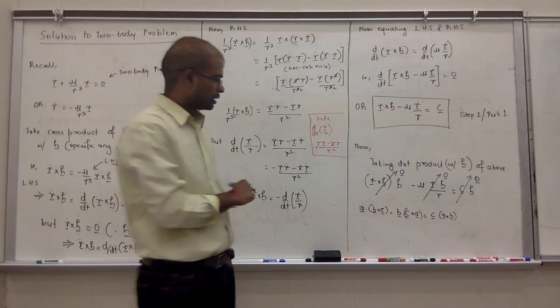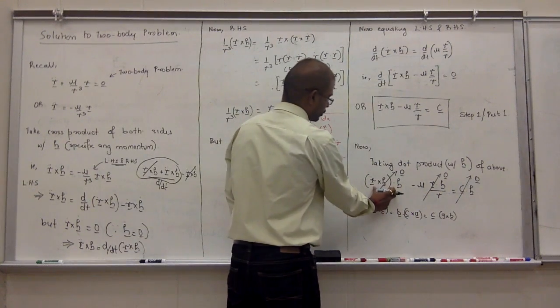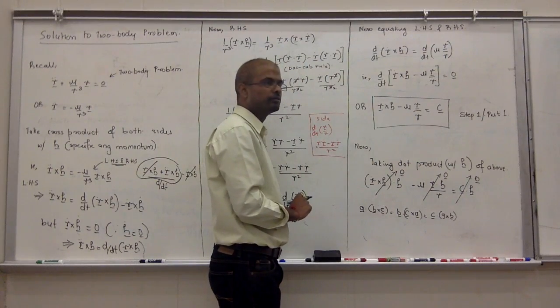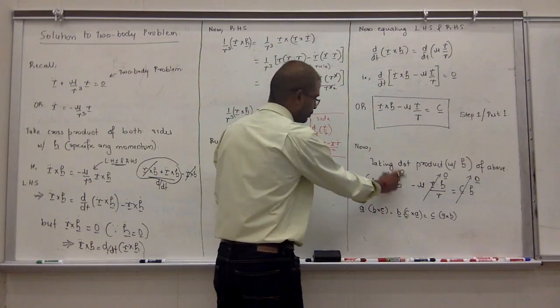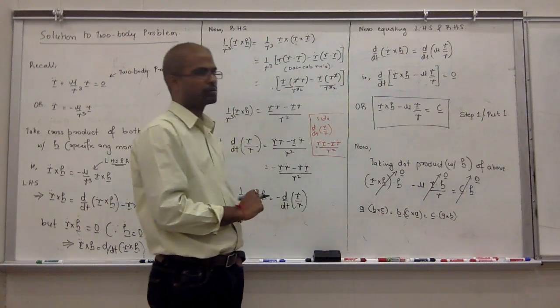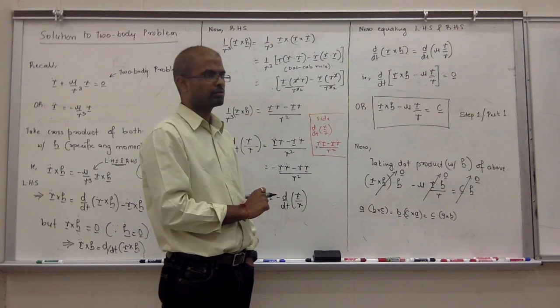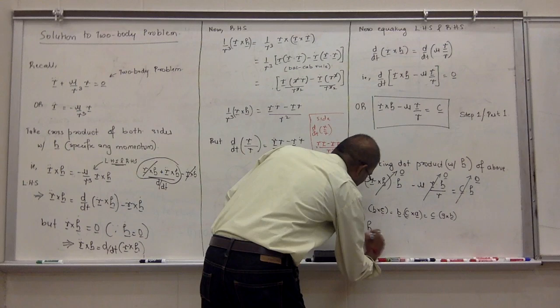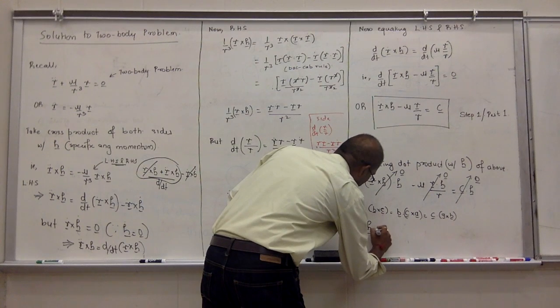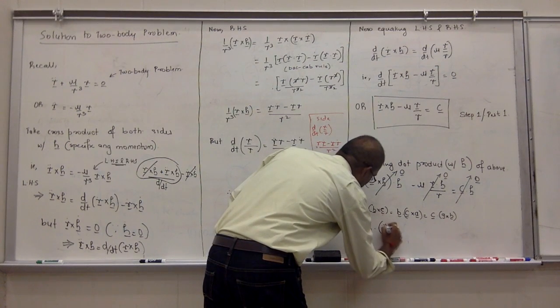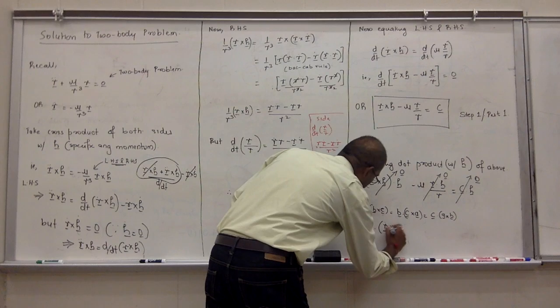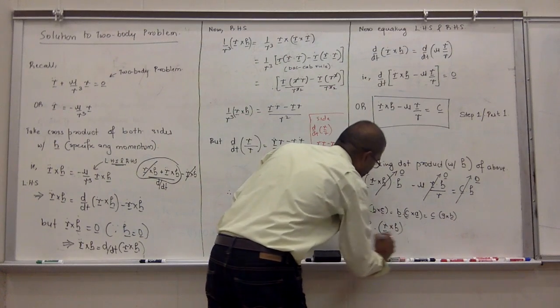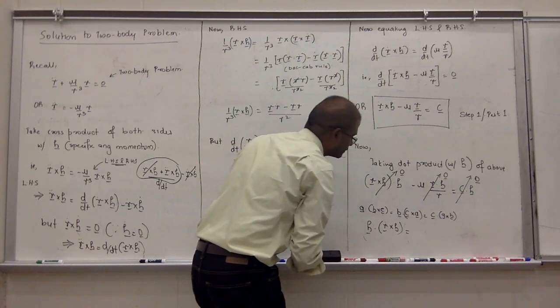Dot product is commutative. Correct? So if I move this here, nothing changes. Right? So we have H dotted with R cross with B. This is also equal to what?